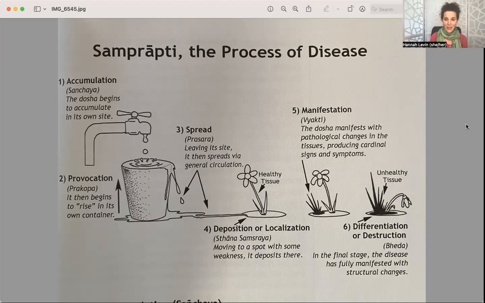And for kapha, it will look more like fasting, having longer periods of time in between meals. If we know how to recognize these signs, we can balance with the wisdom of opposites, which is the real gold in Ayurveda, in being able to heal ourselves before we have to go to a medical professional and say help.